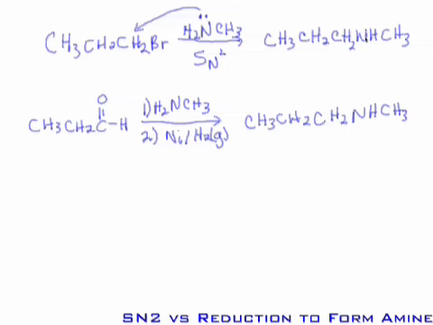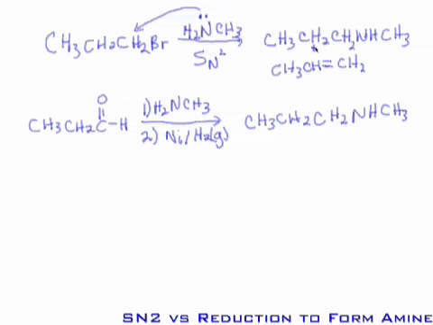Well, the answer is it looks simpler, but in actual fact it's not. First off, it's always useful to have two different reaction paths. I mean, you might have aldehyde, you might not have bromide, but there's a trick. Remember here, in this case, that the nucleophile in the SN2 can also act as a base, allowing E2 to occur and producing alkene. And the problem here is this nucleophile is also a very powerful base.